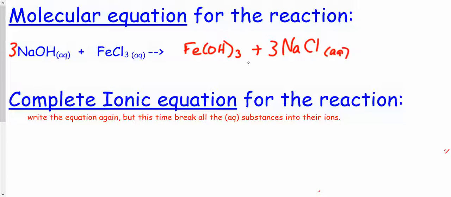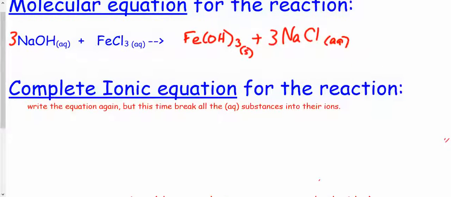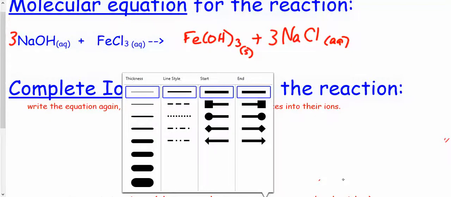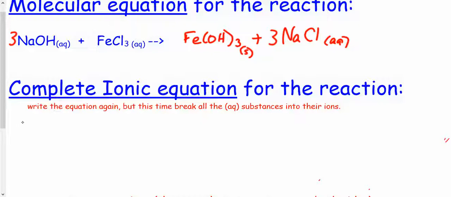To write the complete ionic equation, separate all of your aq into its ions. So I have 3 Na+ (aq). We also have 3 hydroxides, and that's aq.